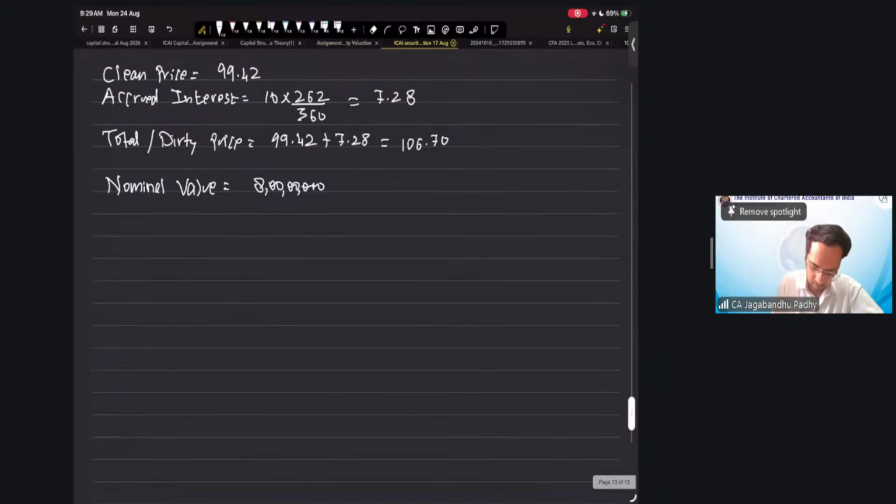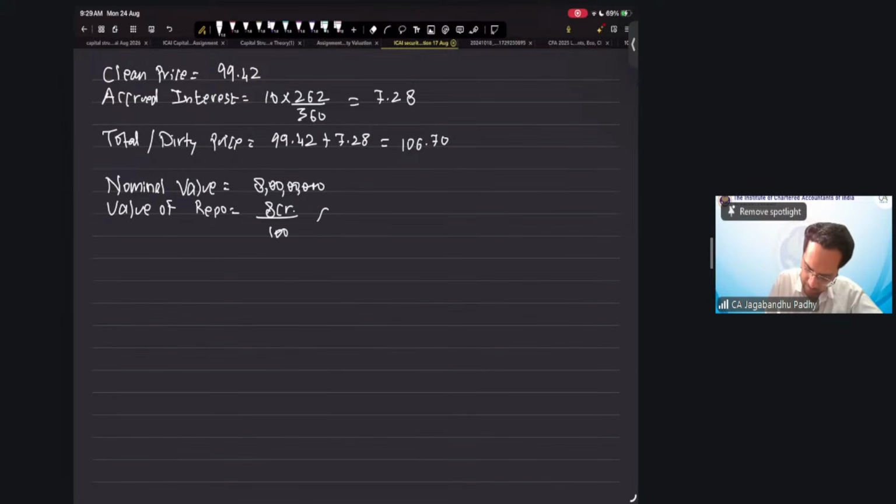So the value of the repurchase agreement is essentially 8 crores divided by 100 into 106.7, which is 8 crore 53 lakh 60,000. That's the total value of the repo base.